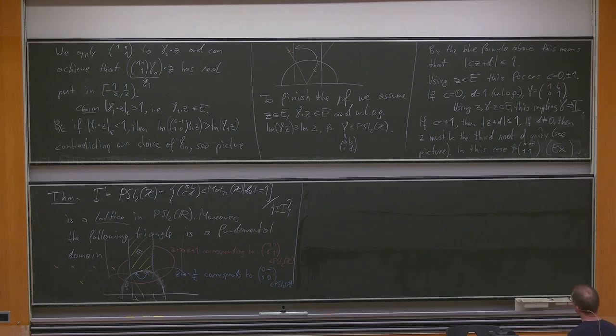If Z is in E, and if C would be 2 or larger in absolute value, then |CZ plus D| will never be less or equal than 1. So we only have to consider two cases. If C is equal to 0, then by the inequality for CZ plus D, D must be 1 without loss of generality, and then we know gamma pretty much completely.